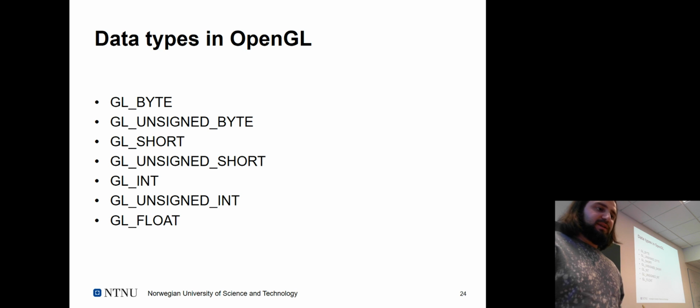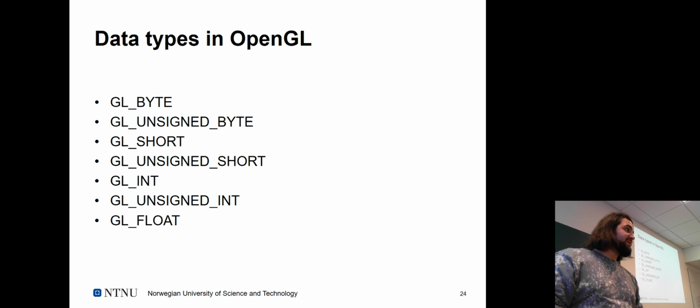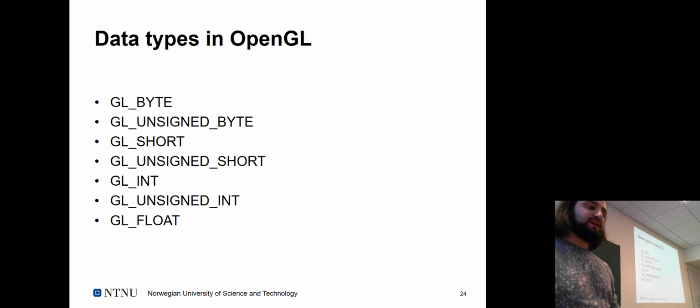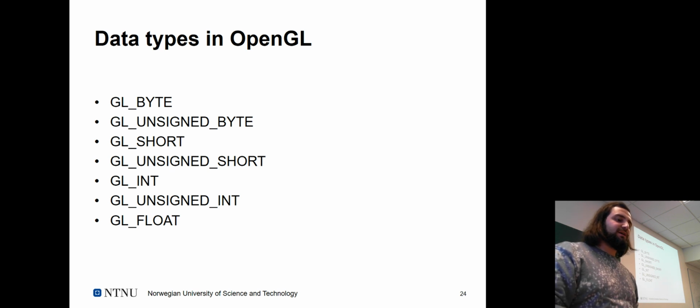Here are the data types in OpenGL. As we work with C++, it's possible to map them to simple C++ data types, but we can still simply stick to these data types. I think none of them are unfamiliar to you: byte, unsigned byte, short, which ranges from -32,000 to +32,000, unsigned ones, integer, floating point ones.